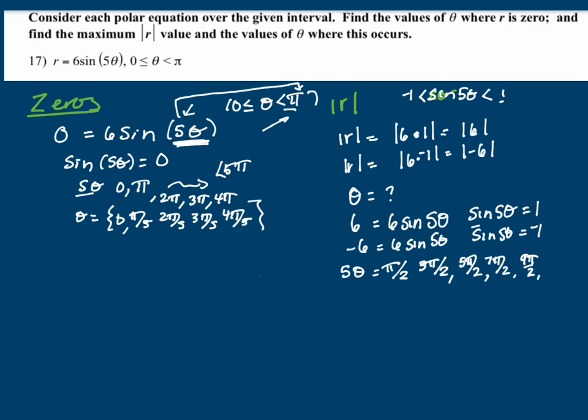But if we go one more, 7 pi over 2 plus 4 pi over 2 is 11 pi over 2, and that's past 5 pi. So we've gone as far as we could for 5 theta. Now for theta, you divide by 5.